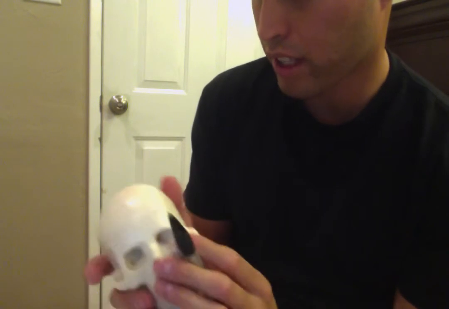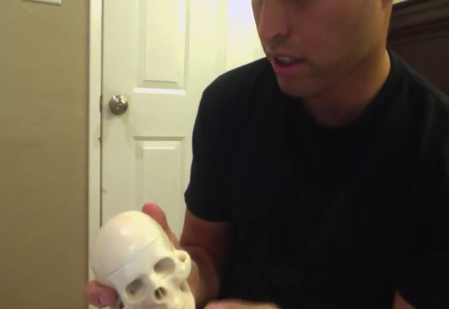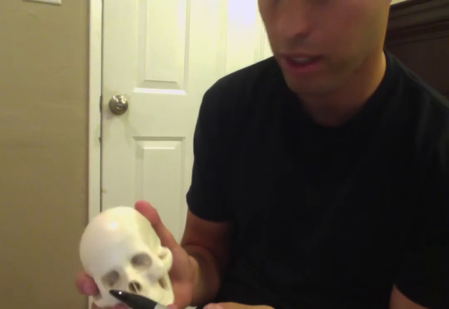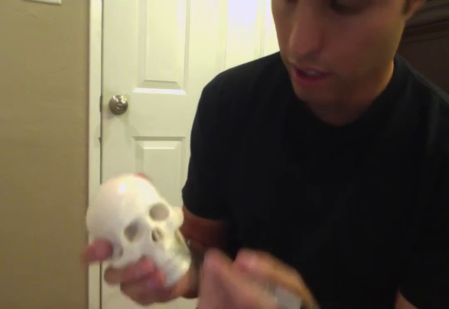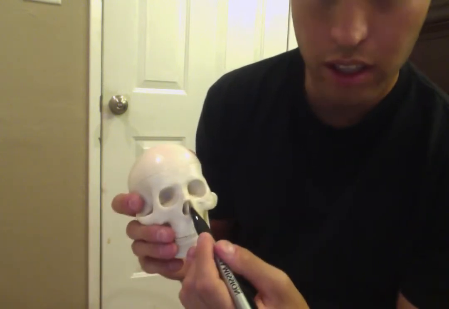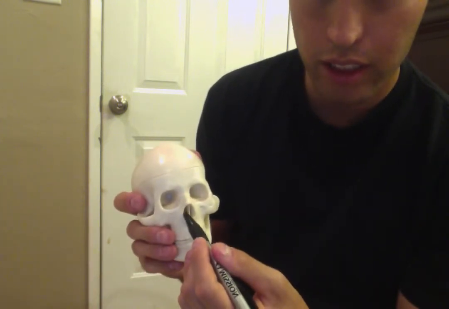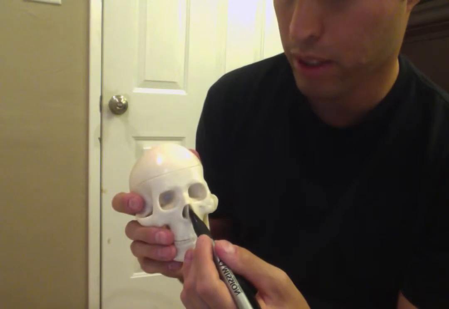The two bones that make up the bony nasal septum are the vomer and the ethmoid. The inferior nasal concha here on both sides form the lateral walls of the nasal cavity.